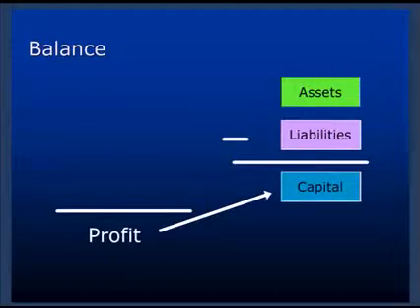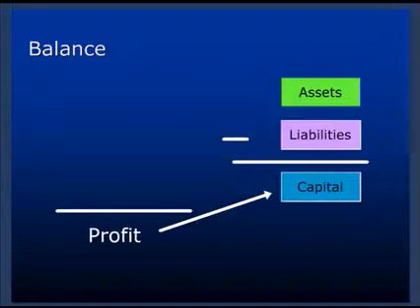The balance includes assets, which are cash, inventory, accounts receivable, assets like furniture, tables, vehicles. Liabilities, which are basically debts, amounts you owe, for example, accounts payable, current debt, long-term debt, and capital, which includes money invested and money earned over time.